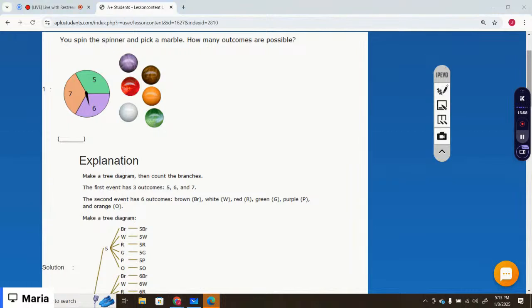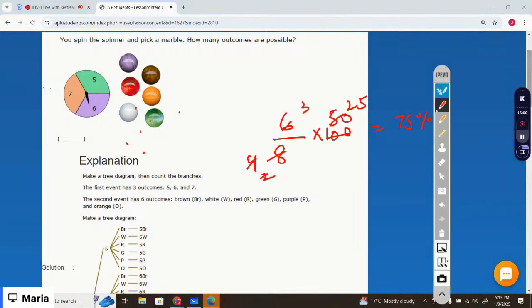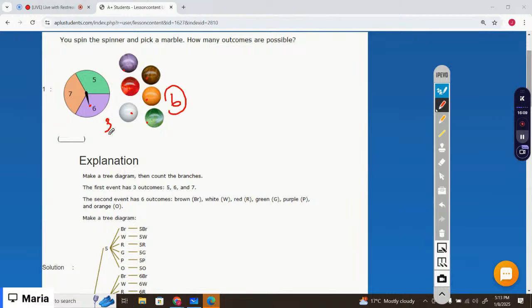So you have three portions on the spinner, right? And you have one, two, three, four, five, six outcomes for the marble and three for the spinner. So the total outcomes are 3 times 6, that makes 18. The correct option is 18.